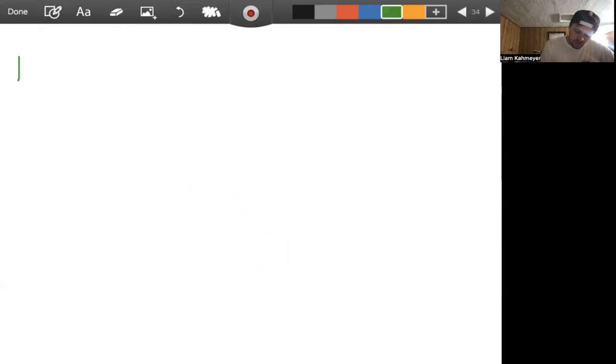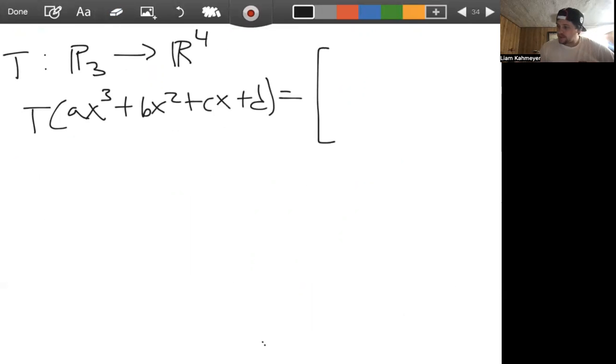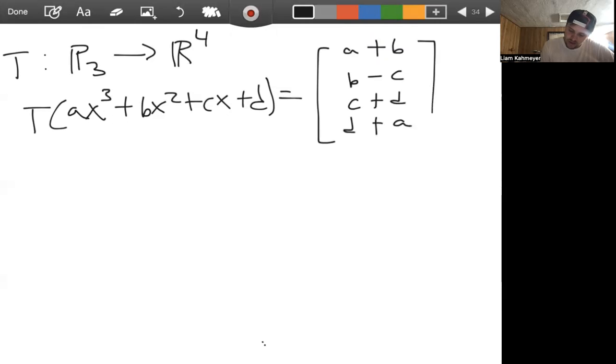We had the transformation T from P3 to R4 given by T of (AX cubed plus BX squared plus CX plus D) is given by (A plus B, B minus C, C plus D, D plus A).